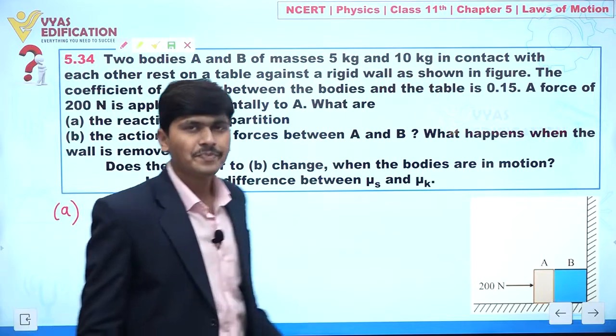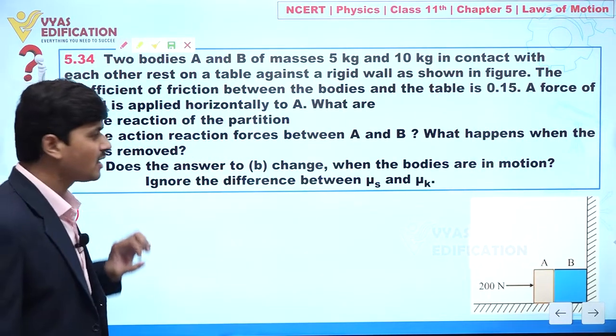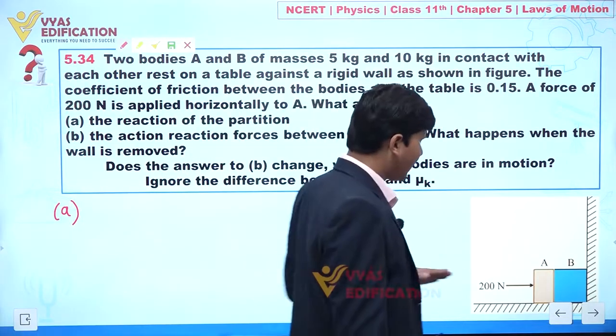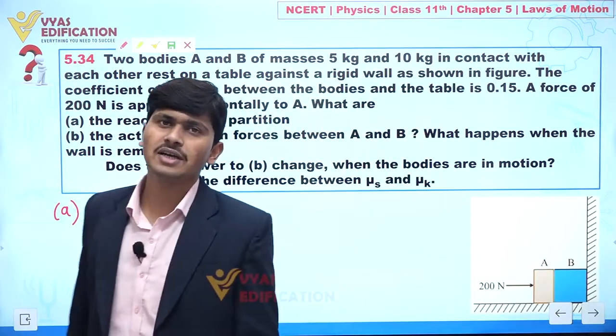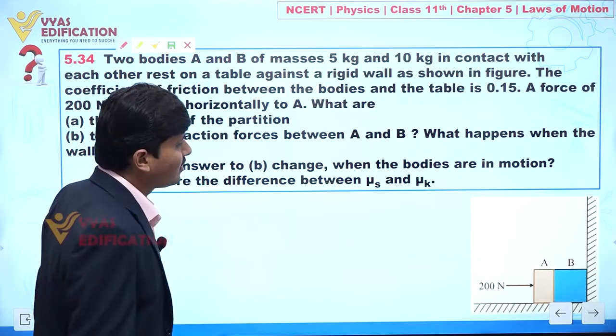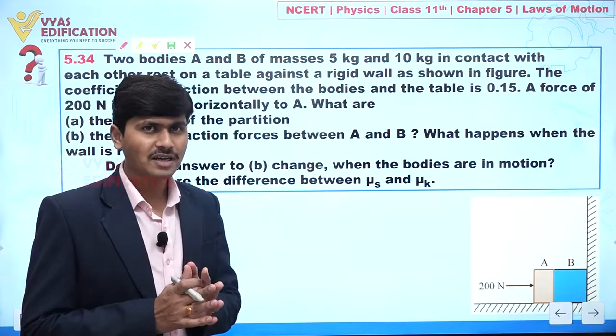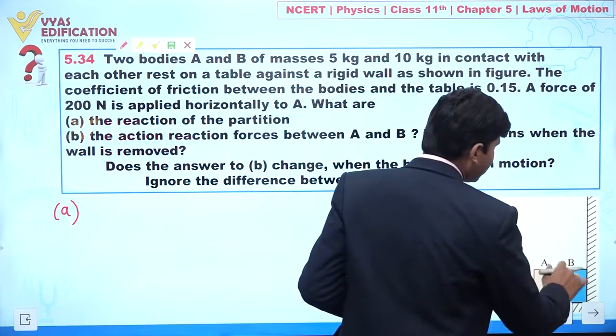Let's suppose I am talking about block A. An external force of 200 Newton is exerted on block A. Now first I am assuming A and B as a system.